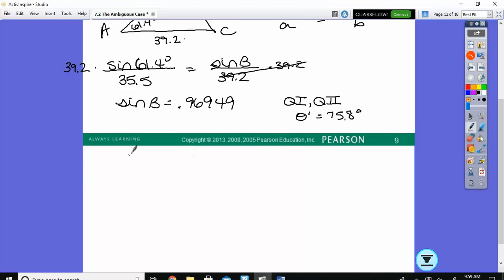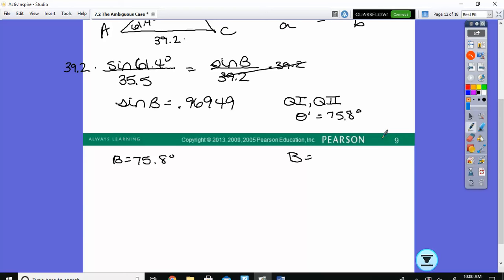So here's what can happen. B could be in quadrant 1, your reference angle is your angle. In quadrant 2, what do you do? How do you find your angle in quadrant 2, guys?